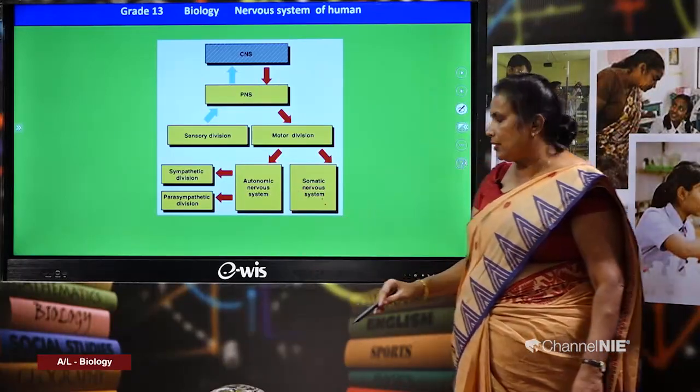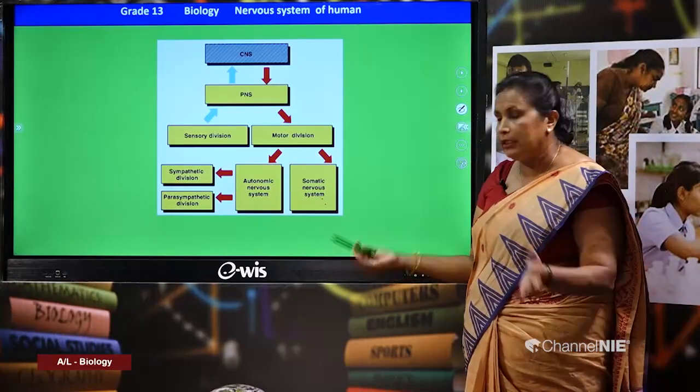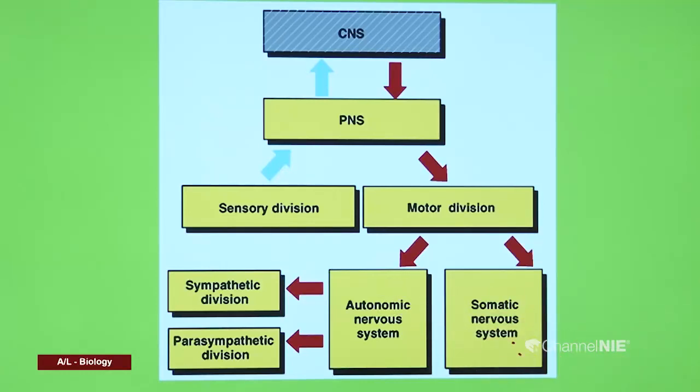The autonomic nervous system contains efferent neurons which supply the sympathetic and parasympathetic divisions.